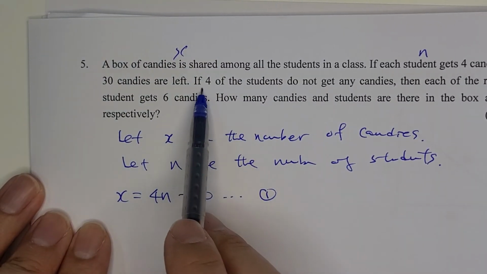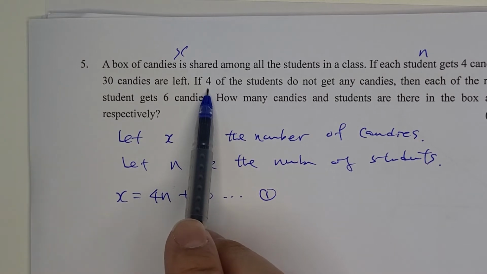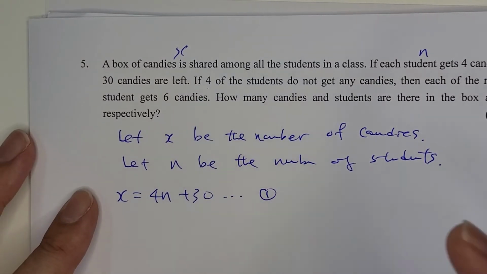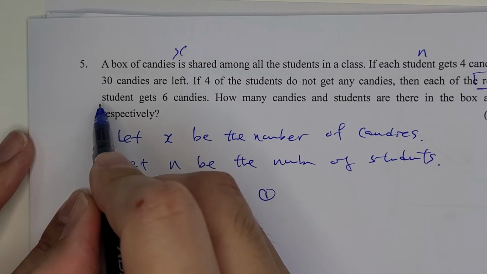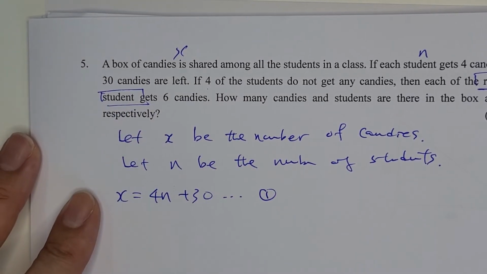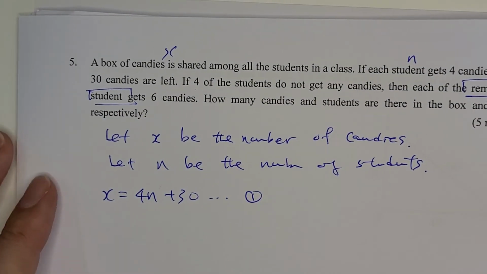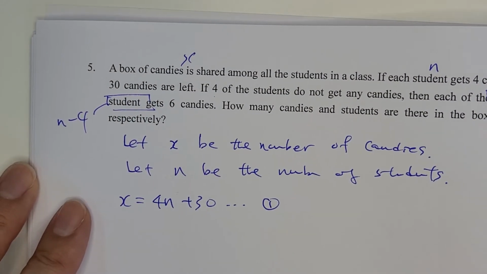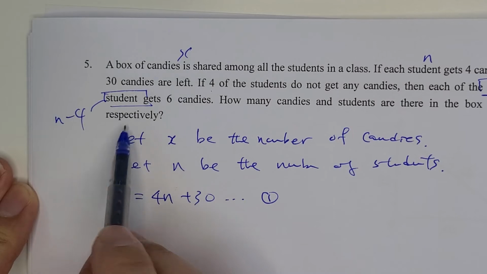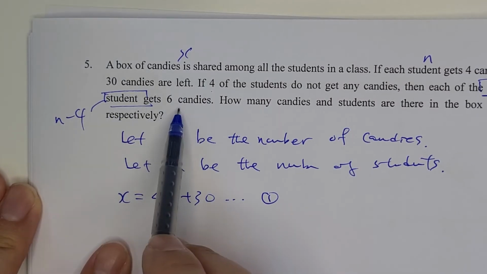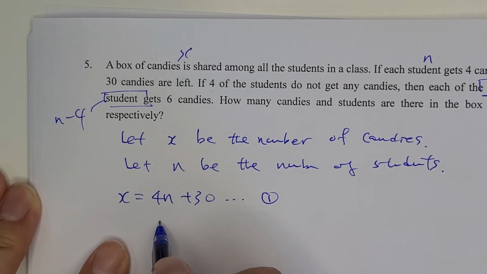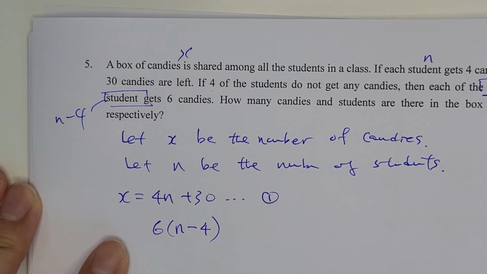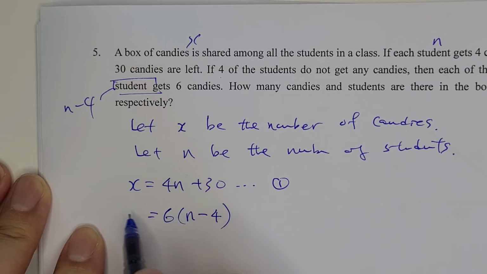Okay, the second statement. 4 of the students do not get any candy. Look at this one. Remaining students. How many students are left? That is n minus 4, because 4 of them do not have any candies. So each remaining student will get 6 candies. Therefore, 6 times n minus 4 equals x.